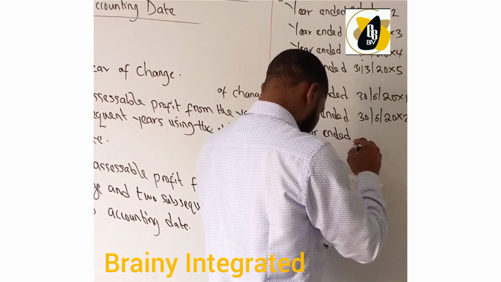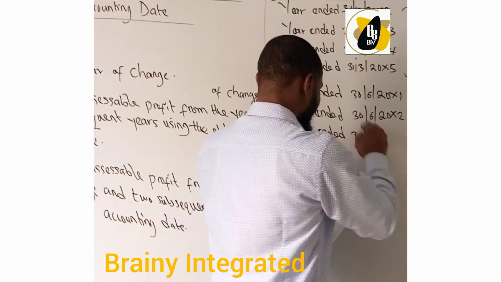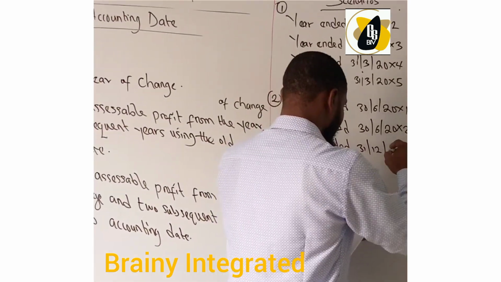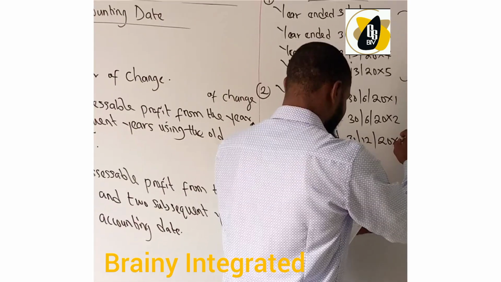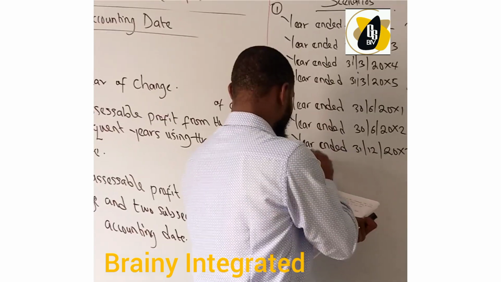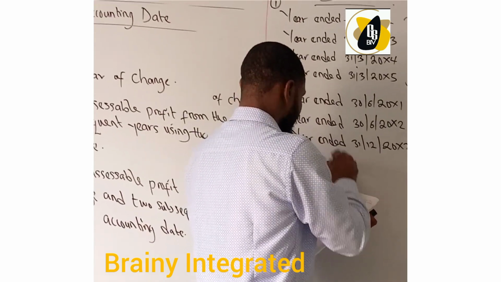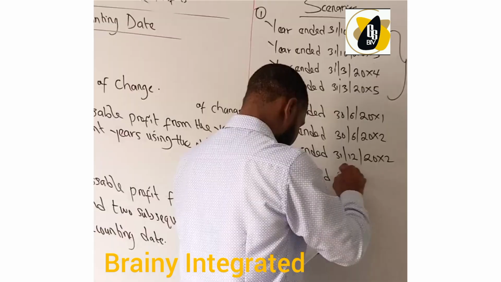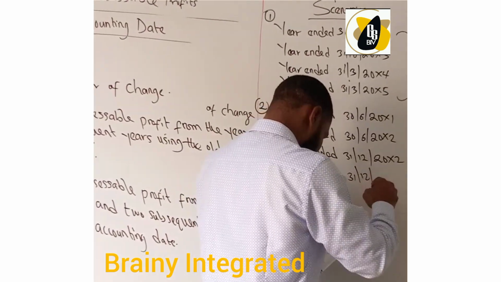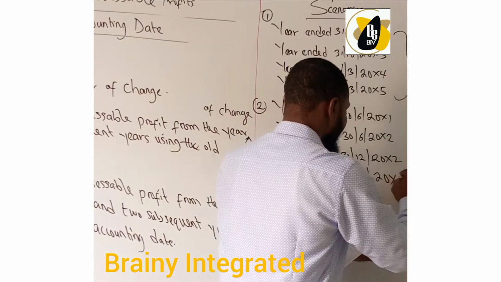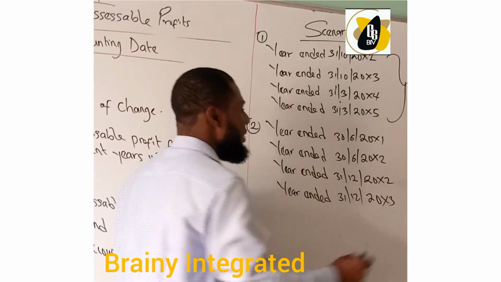Year ended 31st December 20x2. Then year ended 31st December 20x3. Now look at this scenario.